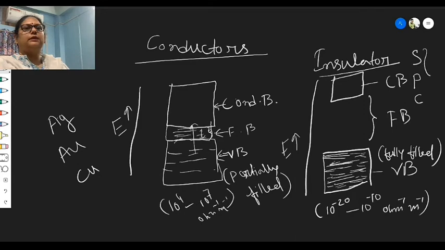On the other hand, non-metals, for example sulfur, phosphorus, carbon, are insulators. In this case, the energy gap between the fully filled valence band and the conduction band is very high. So we consider these as insulators.